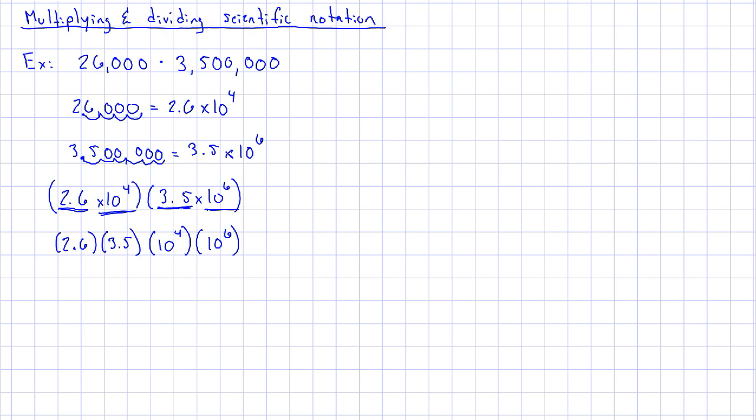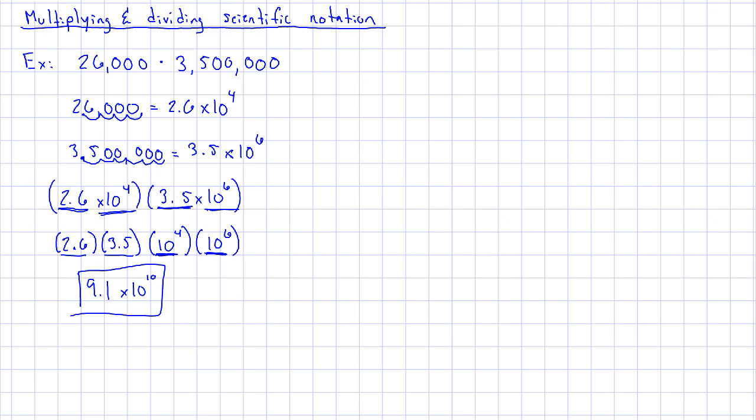And remember, when we are multiplying two things, and they both have the same base, here the example is 10, we add the exponents in order to get the answer. So I'll multiply 2.6 by 3.5, I'll use my calculator for that, and end up with 9.1. And then the 10 to the 4th times 10 to the 6th, well, 4 plus 6 is 10, so that becomes 10 to the 10th power, and that is my final answer in scientific notation.